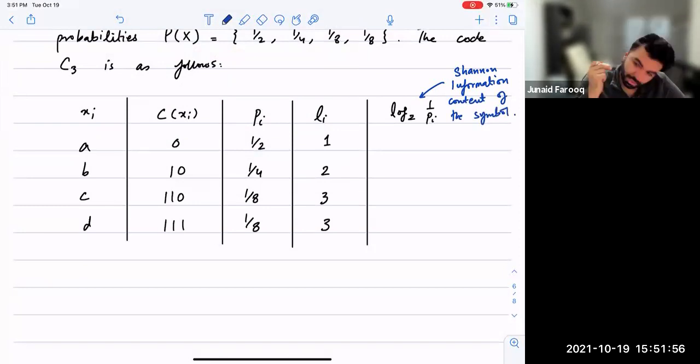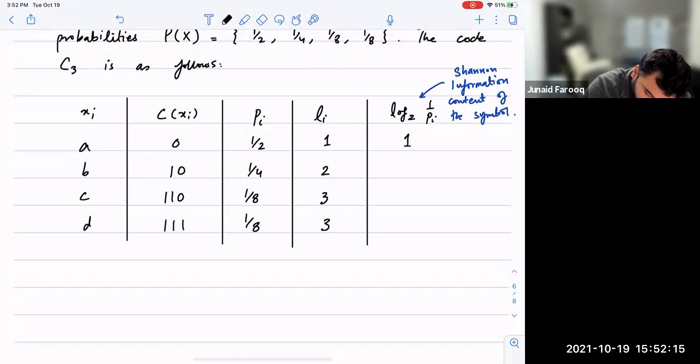So if you take the pi, take the inverse and then use the log 2, you will get this quantity here. And if you do it, you will see that you get the same as the lengths. So you'll get 1 here, which is log 2 of 2. And then you will get 2 here, 3 here, and 3 here.